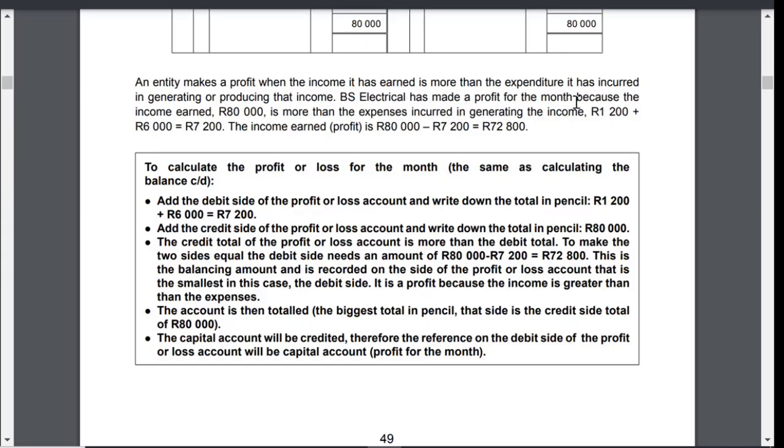So 1,200 plus 6,000 is the total expenses of 7,200. The income earned is 80,000. The profit is 80,000 minus 7,200, which is 72,800.